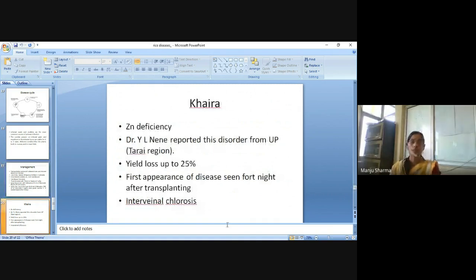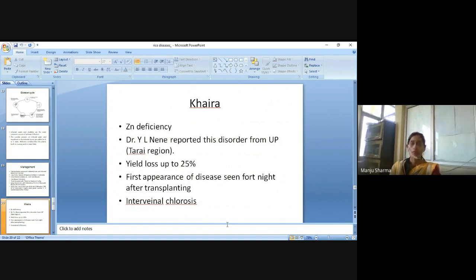Then the next disease is Khaira disease. Basically, Khaira disease occurs due to zinc deficiency. Dr. Y.L. Nene reported this disorder from UP, with yield loss up to 25%.